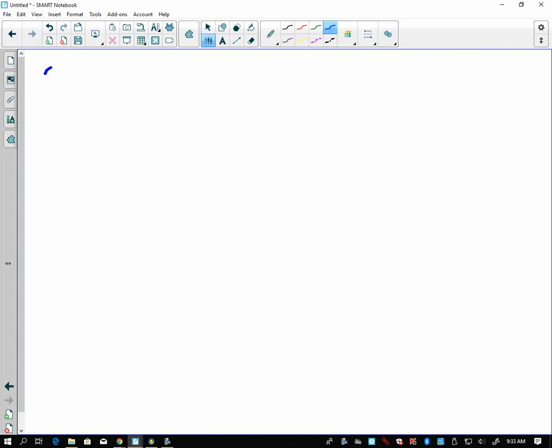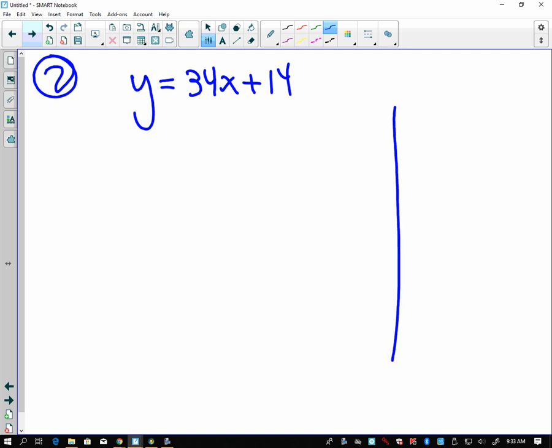Let's look at our next question. All right, let's see. We got a table of values. Okay, so let's say we have an equation y equals, let's say, 34x plus 14. They give me a table of values, x and y, where we have 1, 2, 3, 4. You have to fill in those 4 numbers. What do we do?